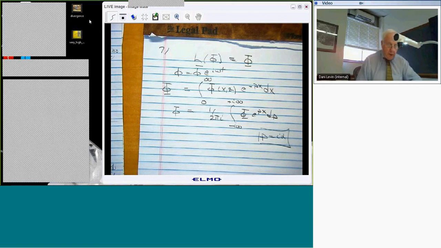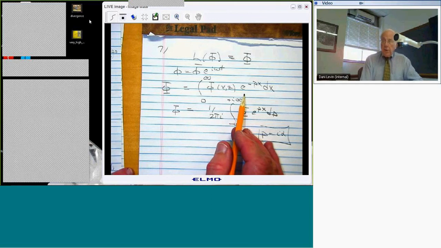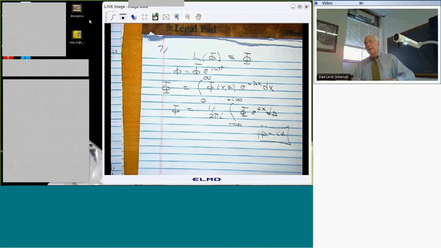Now, the hard part, once we do this, then we're going to reduce our differential equation in x and z, partial differential equation, to an ordinary differential equation only in z. We're going to be able to solve that analytically and find an analytical expression for capital Phi. Then all we need to do is put in here and perform this integral. You'll be happy to know that you can look that answer up in a book.